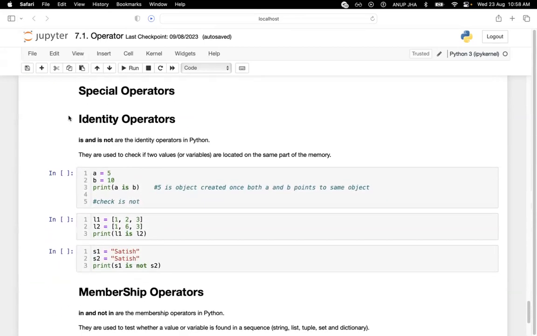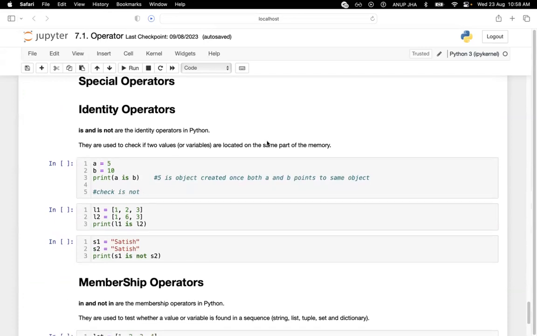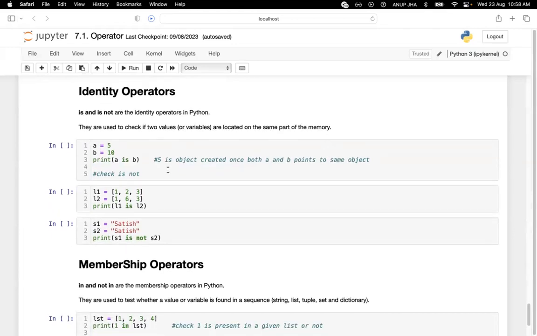Now this is called special operators. What are special operators? is and is not are the identity operators in Python. They are used to check if two values or variables are located on the same part of the memory. I have explained it earlier also, so let's understand this once more. Let's say A is equal to 5, B is equal to 10.